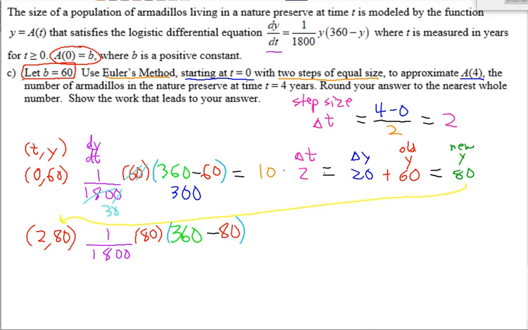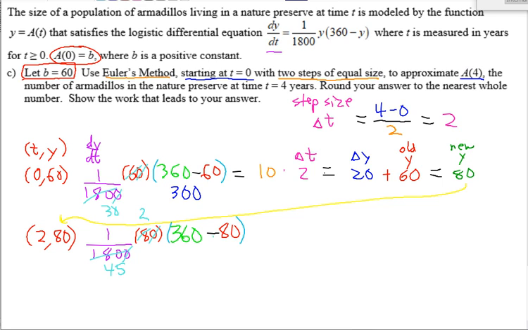And then when we reduce that, we knock off the zeros here. 8 doesn't go into 180, but 4 goes into both of those. So 4 goes into 8 twice, and 4 goes into 180 45 times. So we have 2 45ths there.